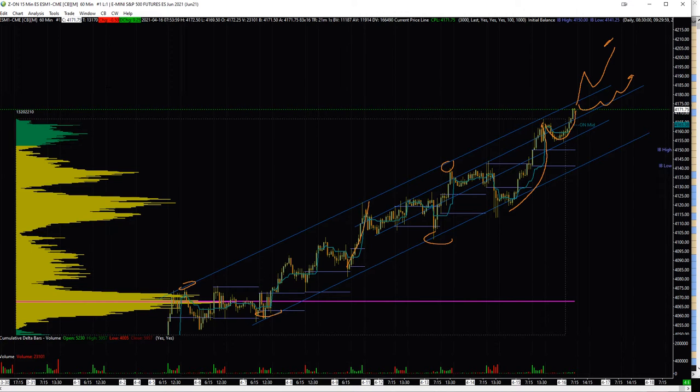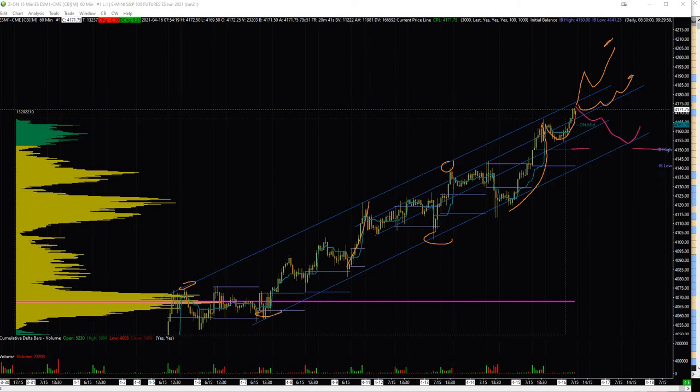And scenario 2 for me will be to revisit the bottom end of the channel, to around 150, the IB high from yesterday's day session.